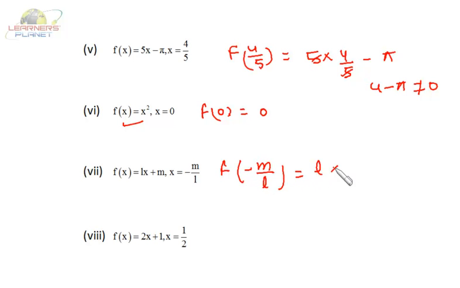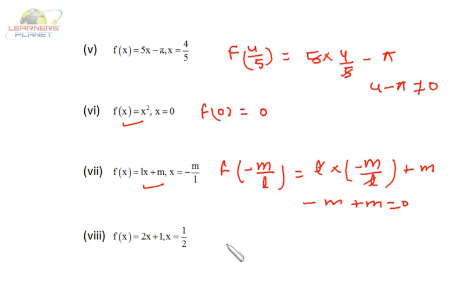So it's l into minus m by l plus m. So what we are getting is minus m plus m, that is 0. So we are getting 0 if we put minus m by l instead of x. That means minus m by l is 0 of this polynomial.